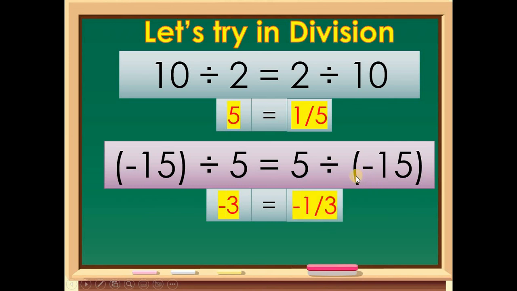So therefore, hindi rin pasok ang division sa commutative, kasi hindi magkatugma yung sagot ng bawat sides ng equation. Therefore, ang pasok lang sa commutative property ay ang addition at ang multiplication. Hindi kasama ang subtraction at division.